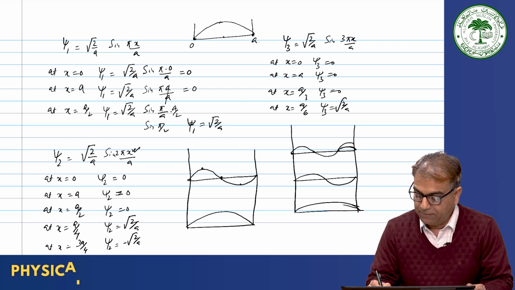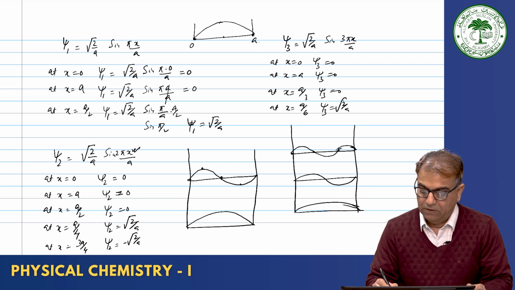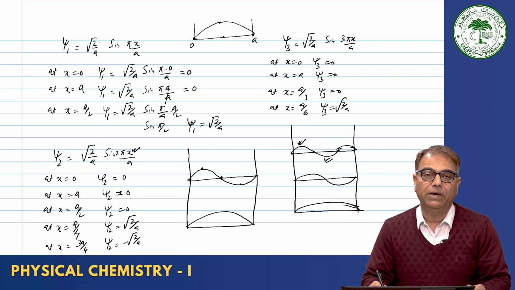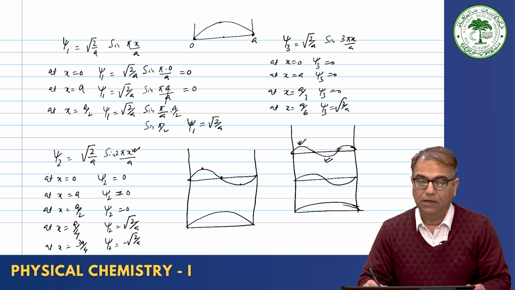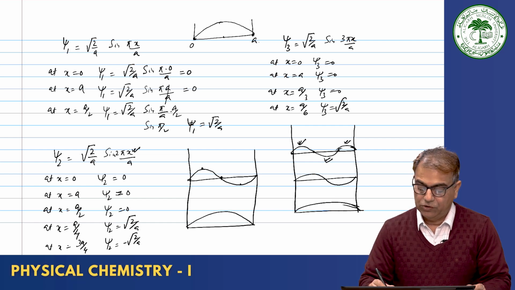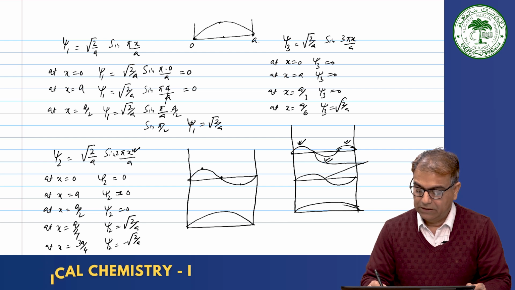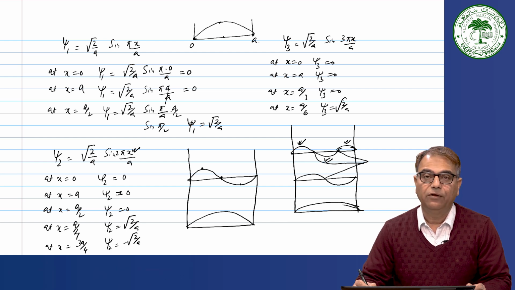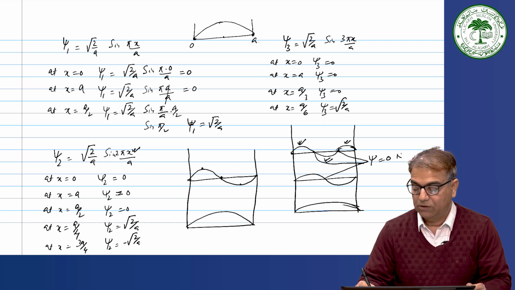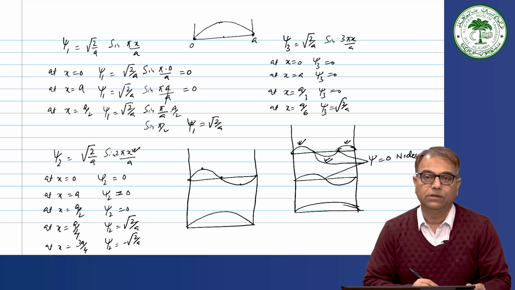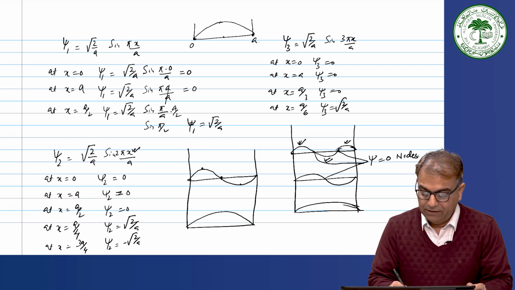So, we have 3 different parts. Here you have a positive value, root 2 by A, here you have a negative value, minus root 2 by A, here you will get a positive value, root 2 by A. So, these are the points where the wave function psi is 0, and these are called nodes.